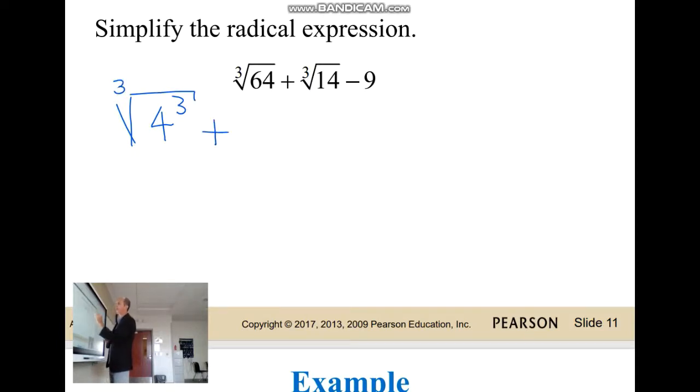Plus, and we have a cube root, and 14. We can actually factor out 14, but I think there's no point. We're not going to have anything similar, any like radicals. So let's just keep 14. It's 2 times 7, but I don't see any point. And also we have minus 9. Okay. Cube root of 4 cubed is 4.